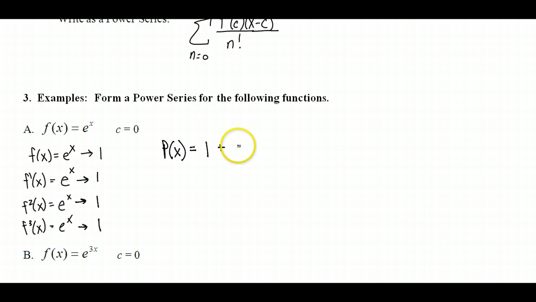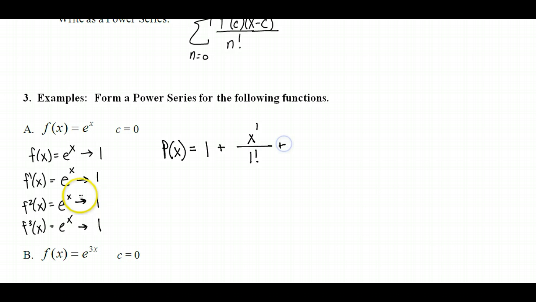We add to it 1, which I'm not going to write in there, times x minus our centering point. Well, x minus 0 would just be x. Technically that's to the power of 1 divided by 1 factorial. I know those don't have to be written in, but sometimes it's nice to do that just to see the pattern of what's happening.